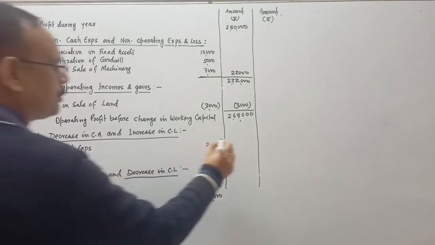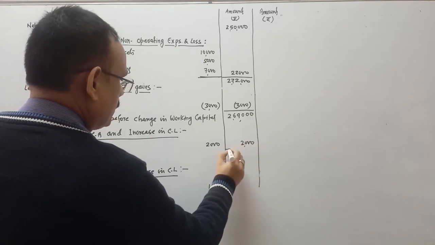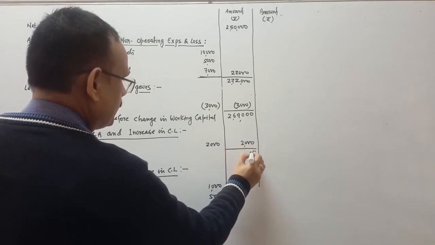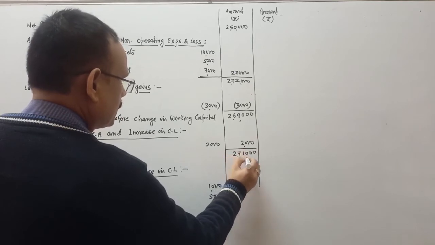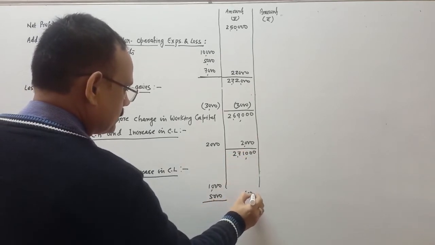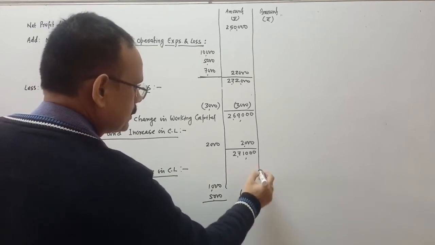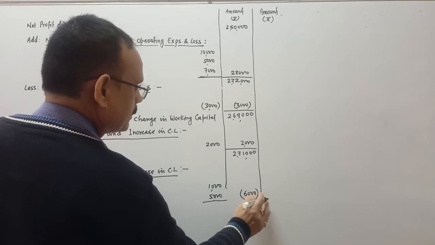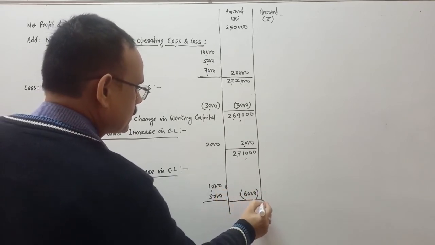After addition, the figure is 2,71,000, and thereafter we will deduct 6,000.